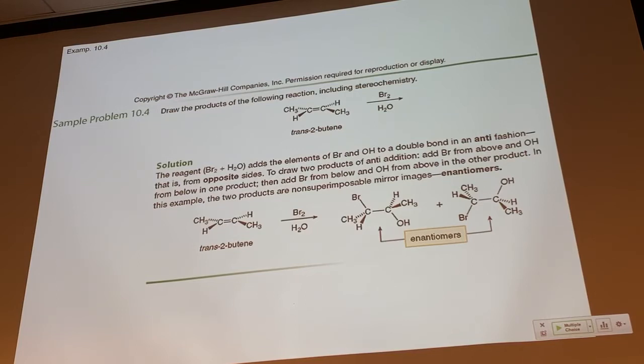Any questions? So there's another question that we need to answer. If we have an unsymmetrical alkene, meaning a more substituted and a less substituted carbon of our alkene, and we react that with bromine and water, which group will attach to which carbon?